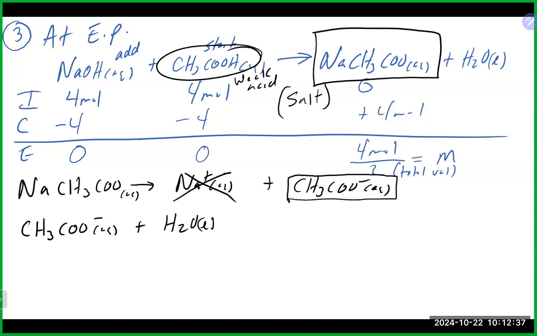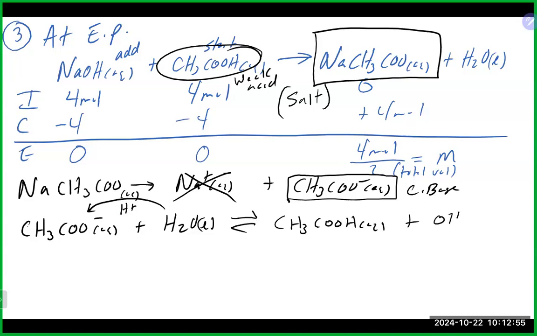And since it came from a weak acid, this would be the conjugate base, which means it's going to act as a base and actually accept the H+. And when it accepts the H+, it will make acetic acid, where it came from, and it will make hydroxide.